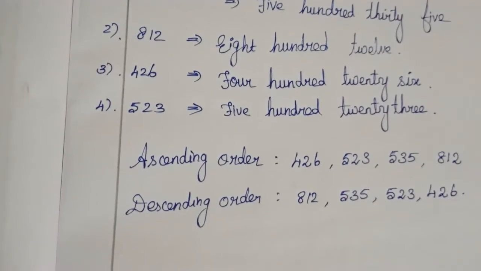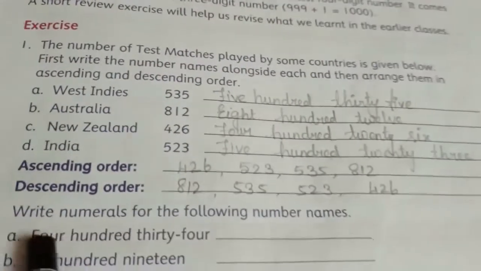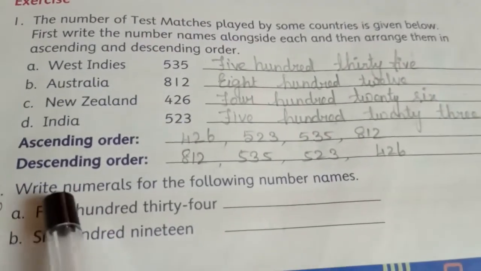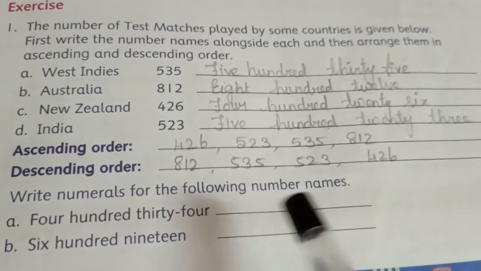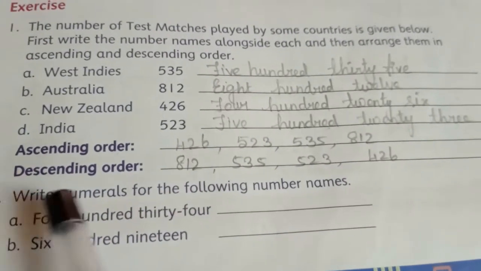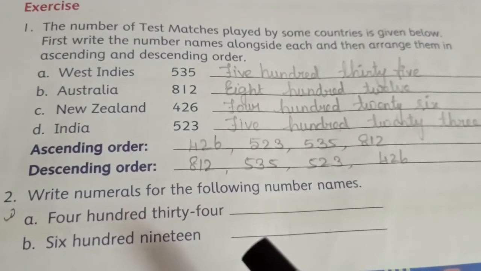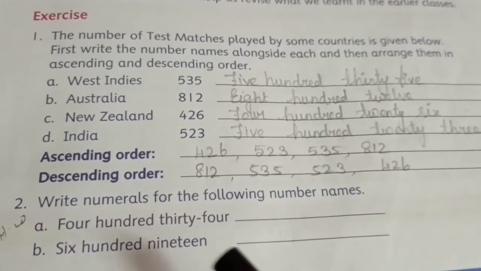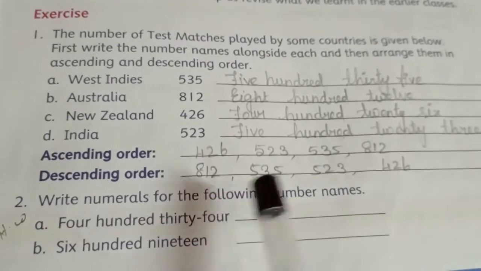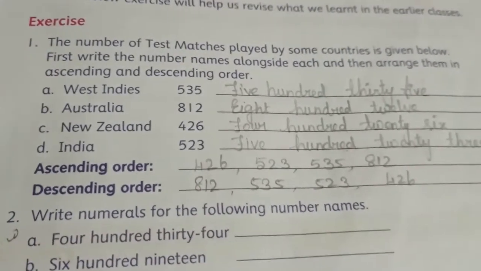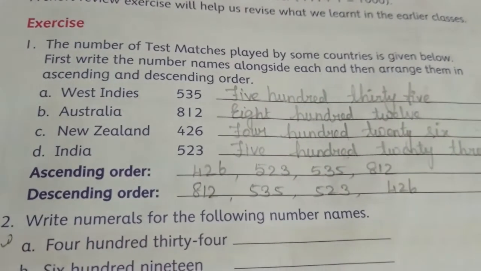Okay children, now let's move to question number 2. Write numerals for the following number names. You have to write the number for this number name. So the first one is 434.